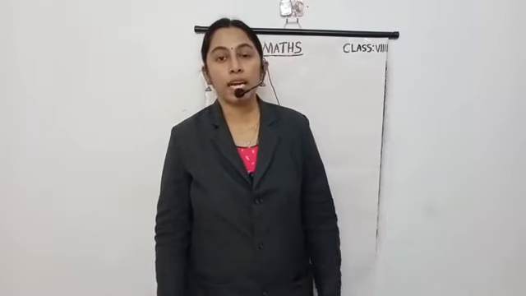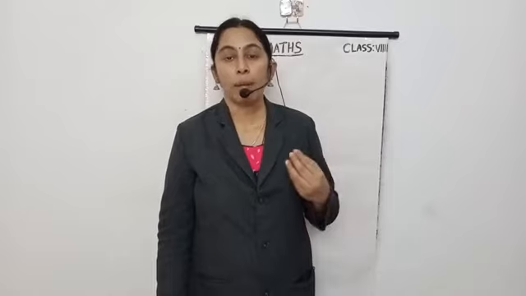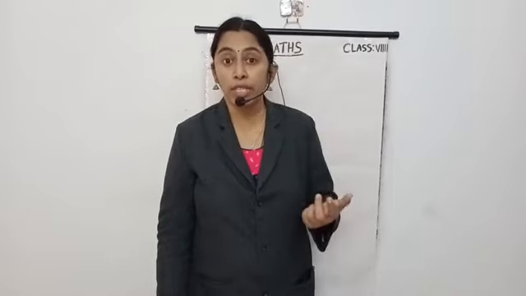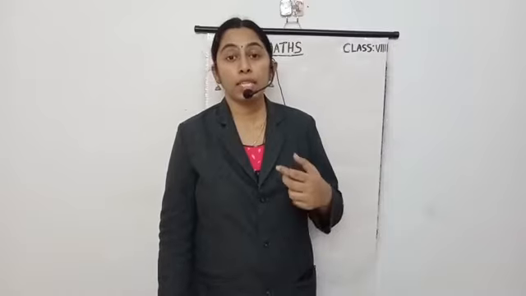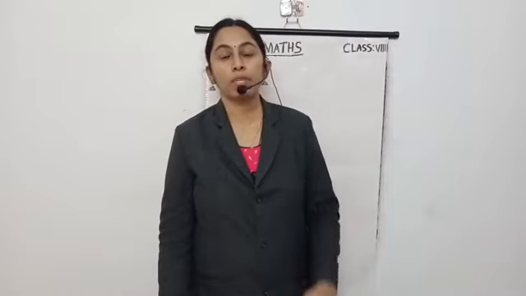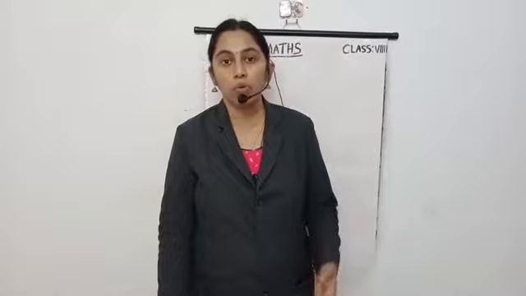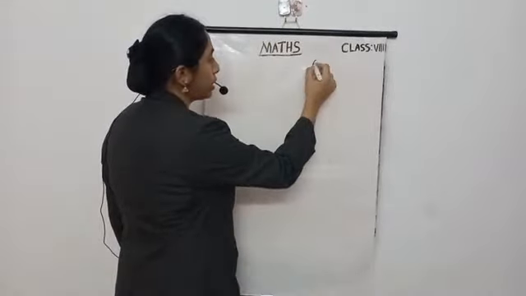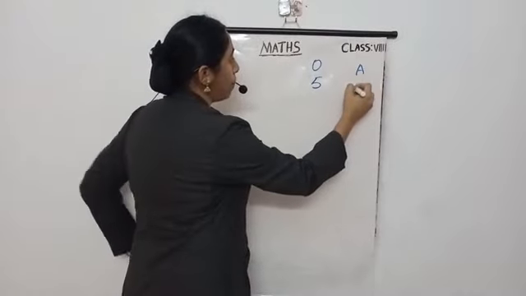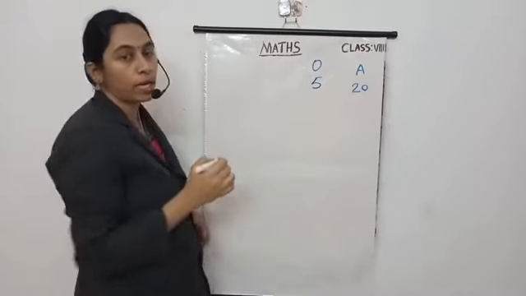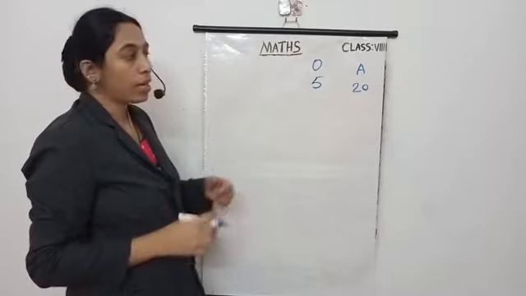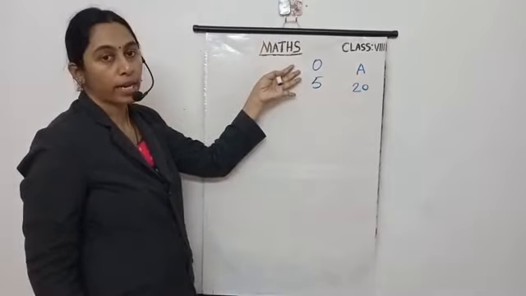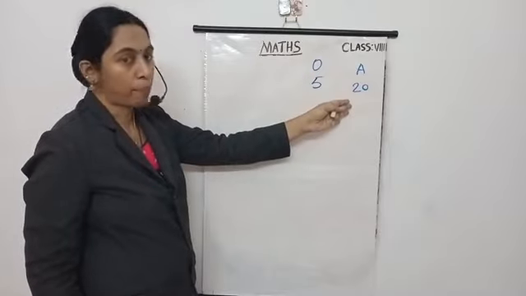In 7th standard we already learned comparing quantities, and in that portion we learned about ratios and percentages. This ratio and percentage we are using for comparing quantities. For example, if there are 5 oranges and 20 apples, we are going to write its ratio like number of oranges to number of apples.